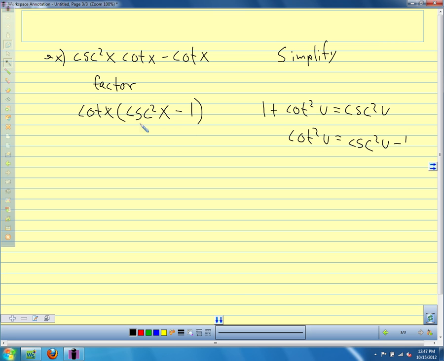So I'm going to substitute this in. So this is cotangent x times cotangent squared x. And finally I get that this simplifies to cotangent cubed x. So this expression here simplifies to cotangent cubed x. And this is, I factored and I used this identity.